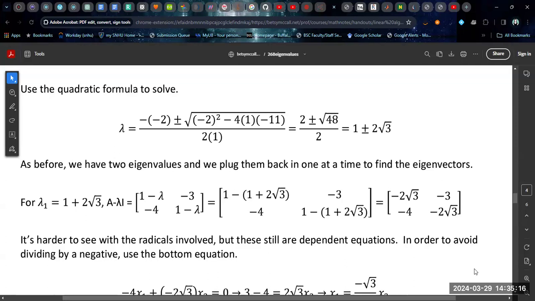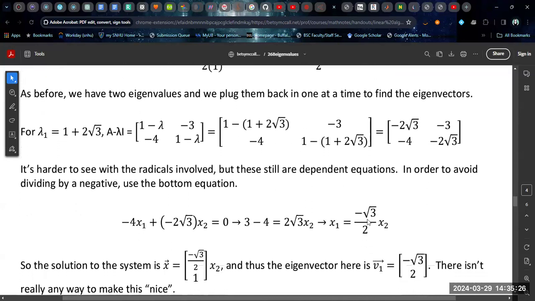Now, again, you can still do this. Pick, let's say, the positive version, 1 plus 2 square root of 3, and we start solving just as we did before. So 1 minus 1 plus 2 square root of 3, don't forget to distribute your minus sign. Same thing down here, and you end up like this.